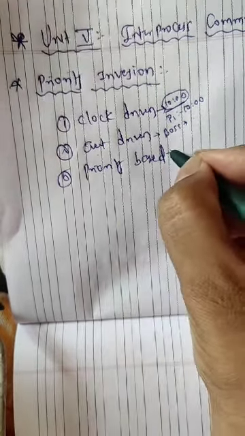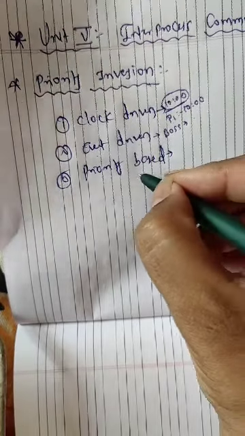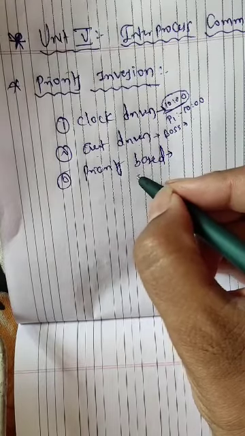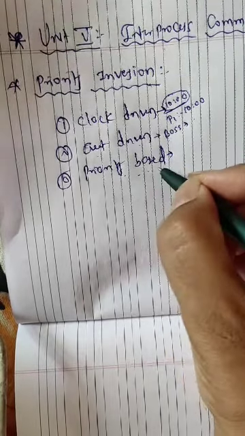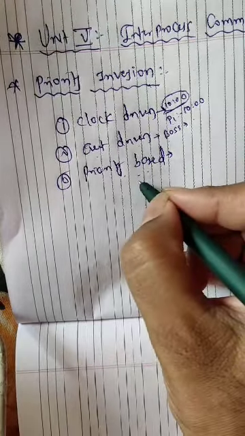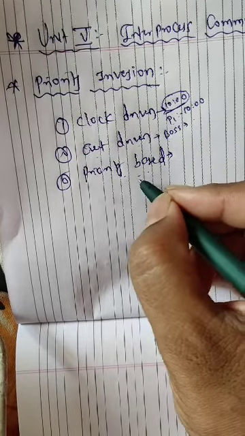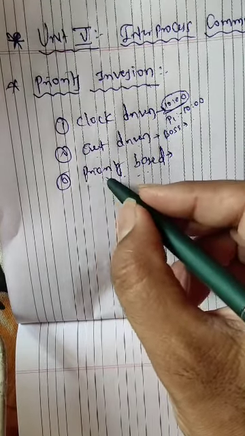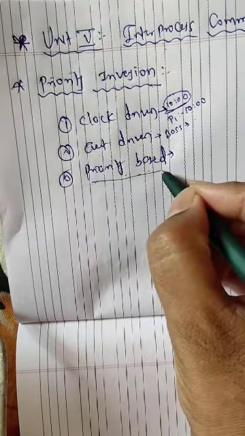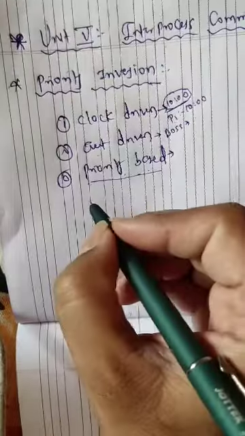And the last one is priority scheduling, and the very popular and most important scheduling algorithms are priority based algorithms. 99% of embedded systems use this type of algorithm for scheduling. Then what are the different priority scheduling algorithms?